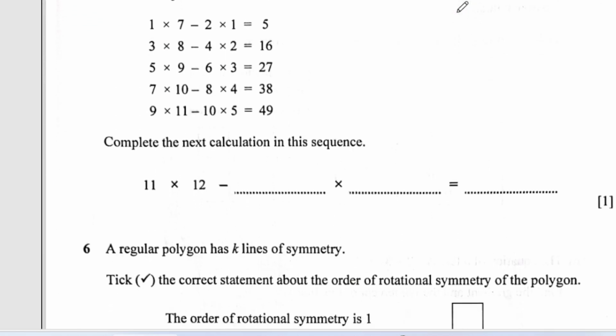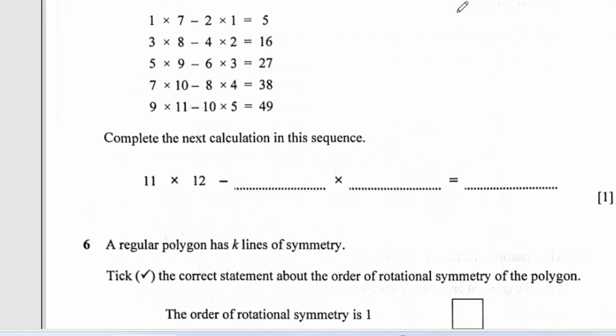Now next one, here is a sequence of calculations. We have some pattern following here, 1 times 7, and this looks complicated, but if you see it carefully, you can find some pattern here. Complete the next calculation in this sequence. If you see here, we are adding 2 each time: 1 plus 3, 3 plus 2 is 5, 5 plus 2 is 7, 9, and 9 plus 2 is 11.